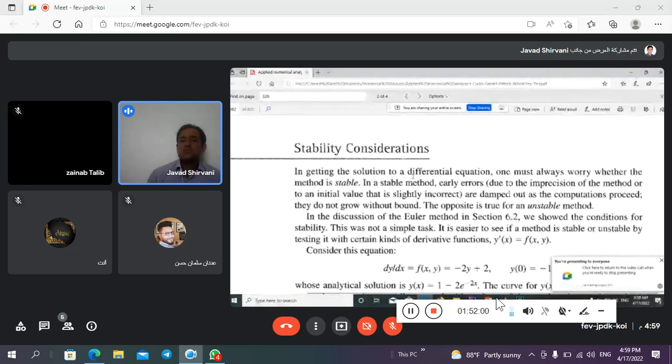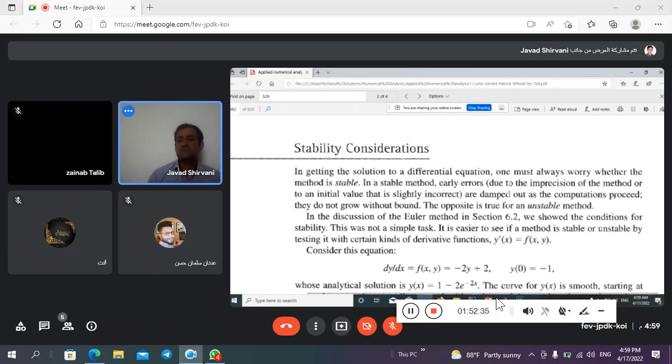In getting the solution to a differential equation, one must always worry whether the method is stable. In a stable method, early errors due to imprecision of a method or to an initial value that is slightly incorrect are damped out as the computations proceed. They do not grow without bound.